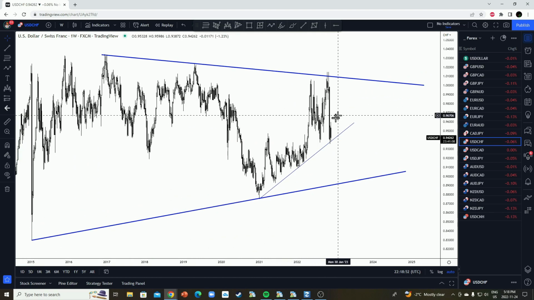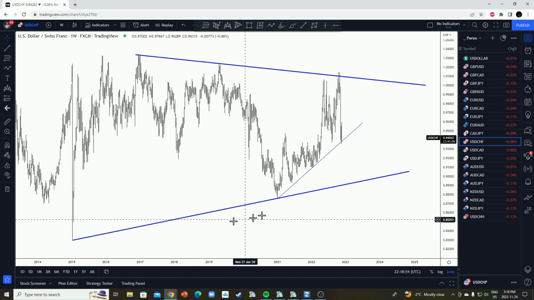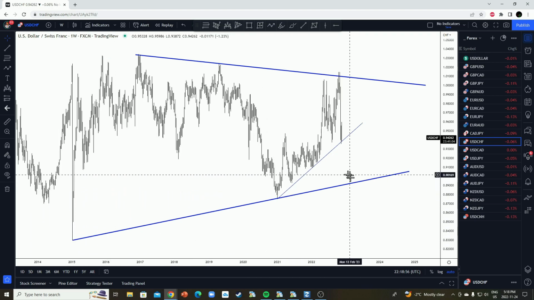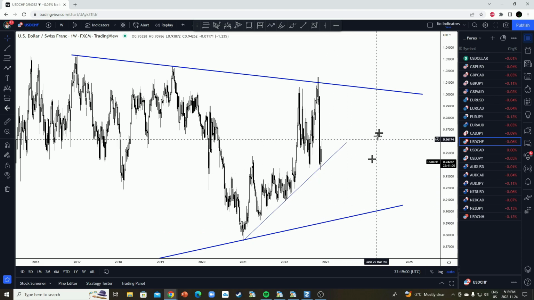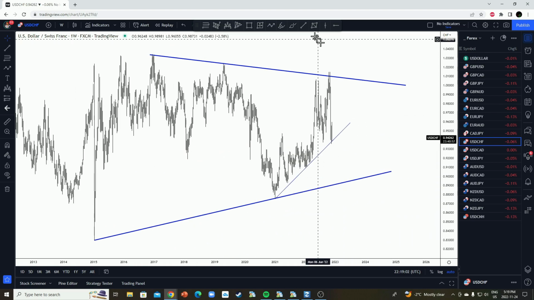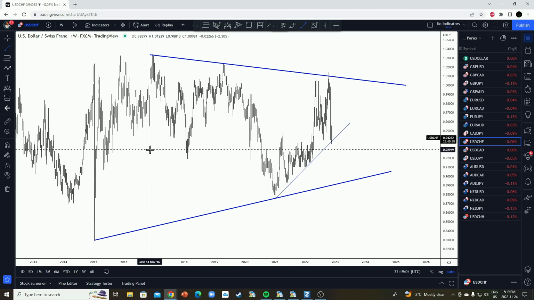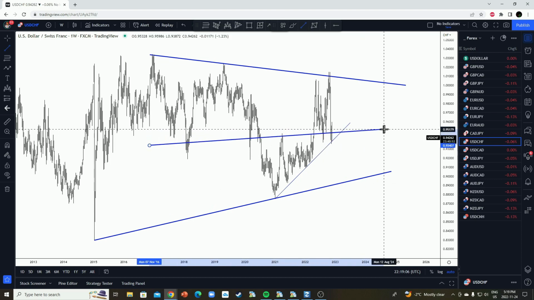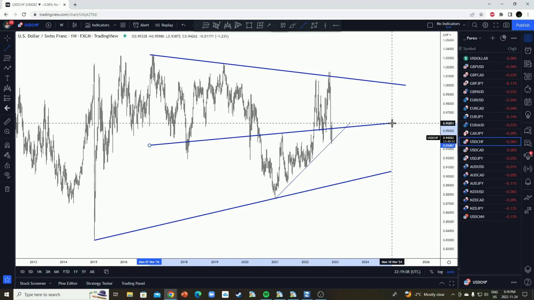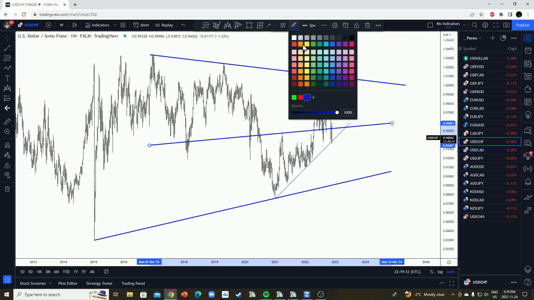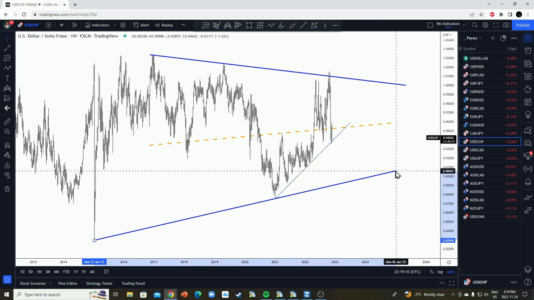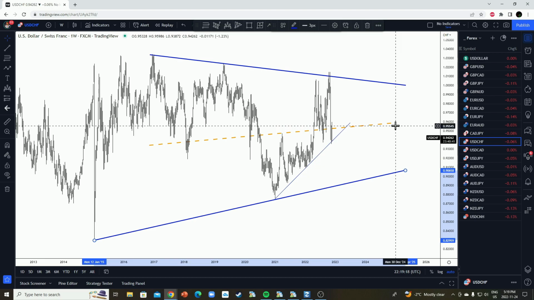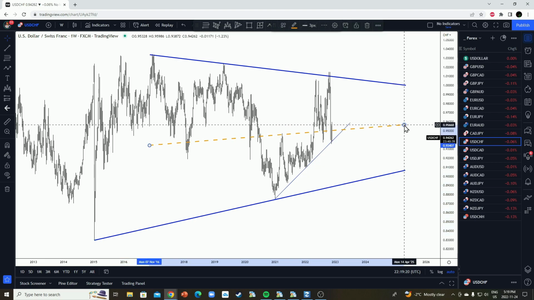And now if it comes back over here, I have a 2-point support that I could probably buy for a bounce and then protect my entry and see if it regresses to the mean. And the mean would be somewhere around here. So we're already at the mean, and this is why I don't feel very strongly about this trade. Let me just trace this.